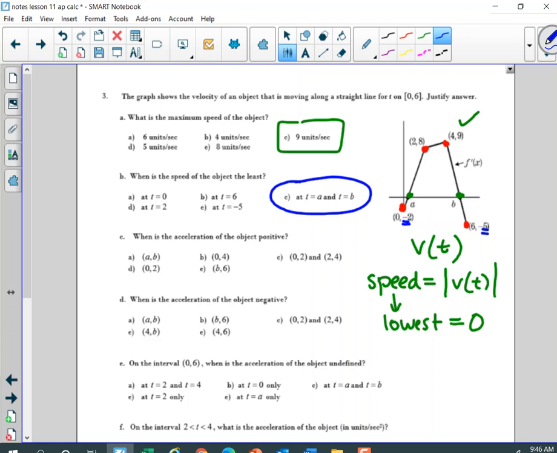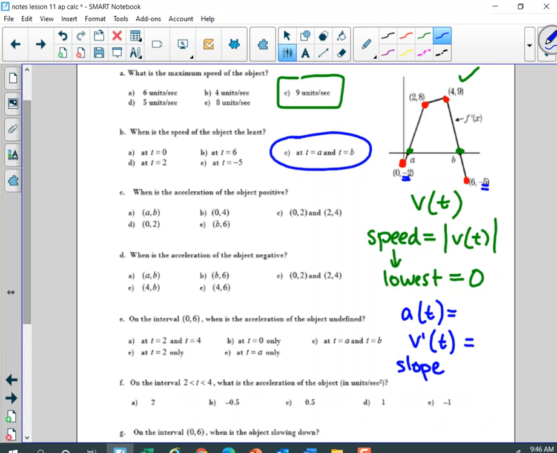Acceleration is positive. When we're looking at a velocity graph, acceleration is the derivative of the velocity, and it is shown by the slope.